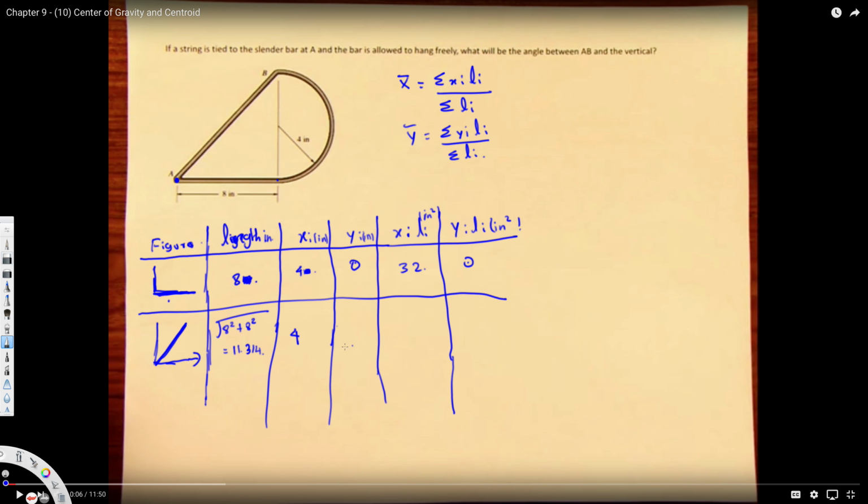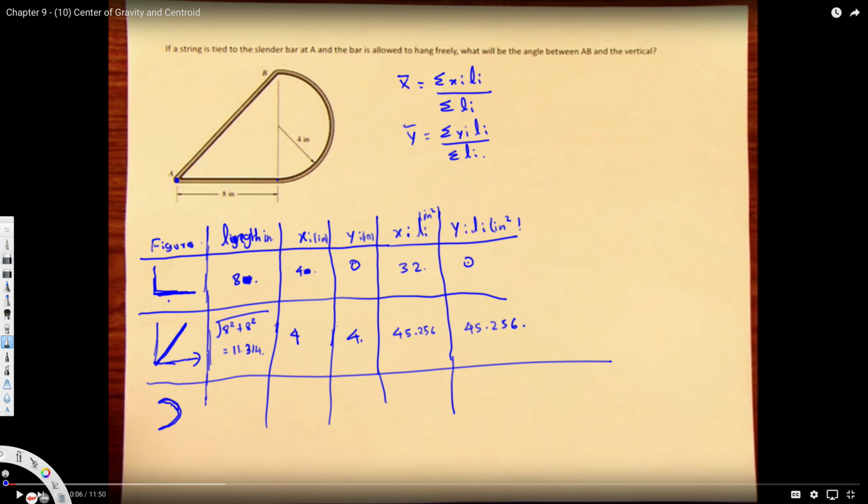And then for y, we know the diameter of the arc is 8 inch, therefore the height is also the same, and the middle is 4 inch. Then if I multiply xi times li, that's going to give us 45.256. Yi li is also the same thing because we are multiplying the same numbers, therefore 45.256.